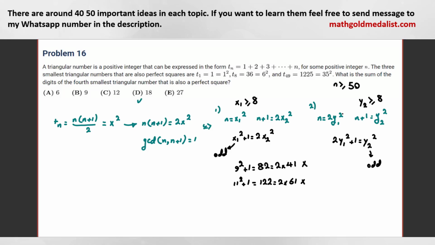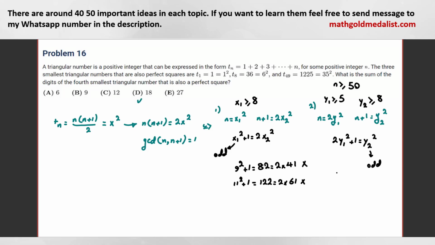So we can check again this part. y1 is at least what? 6. What about 5? We can also say 5, right? Yes, because 2 times 5 squared is 2 times 25, 50. So we can start from y1 equals 5, right?